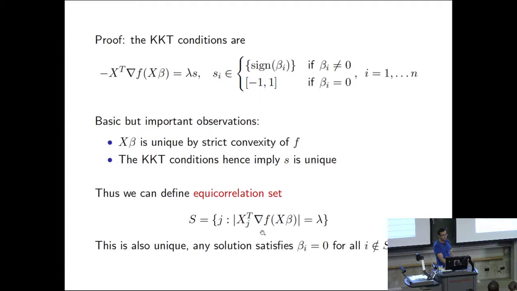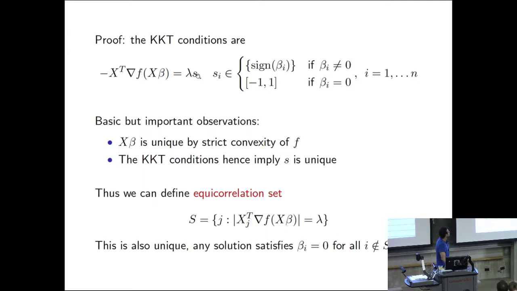It's a unique object. And it also has this nice property that if we look outside of S, then any solution for an i that's not in S must have a 0 at the component beta_i. Why is that? If i is not in S, then s_i had to be strictly between -1 and 1, because the inner product of x_i with the gradient was strictly less than lambda.